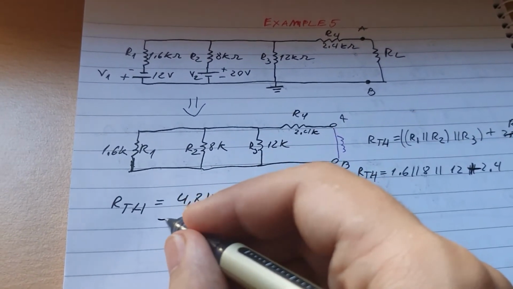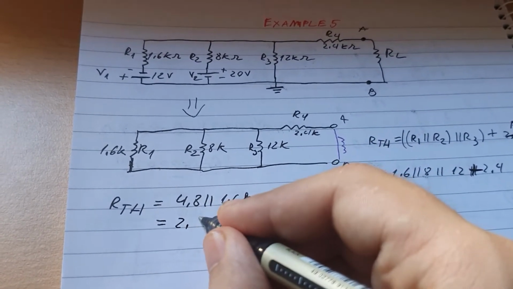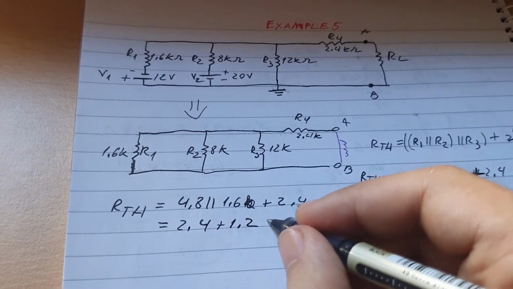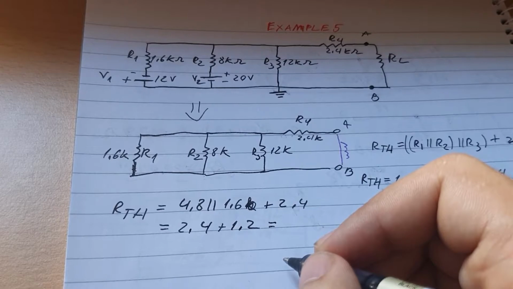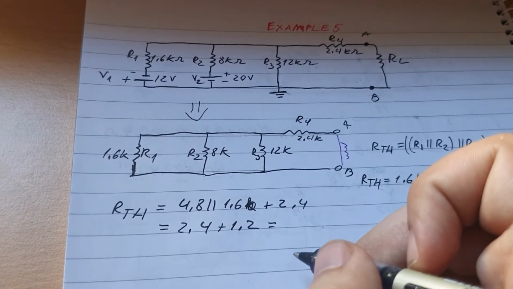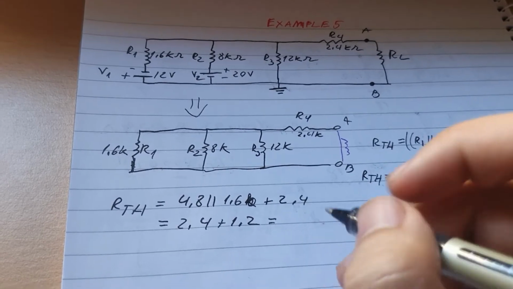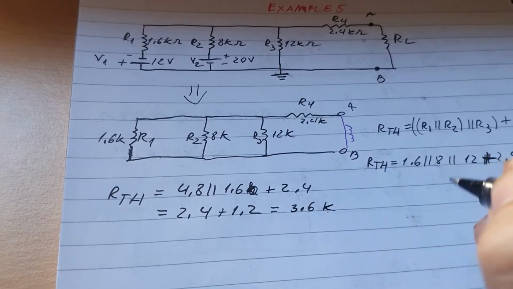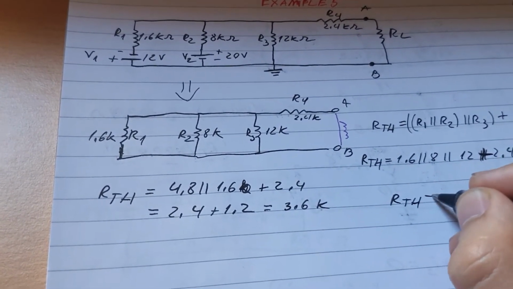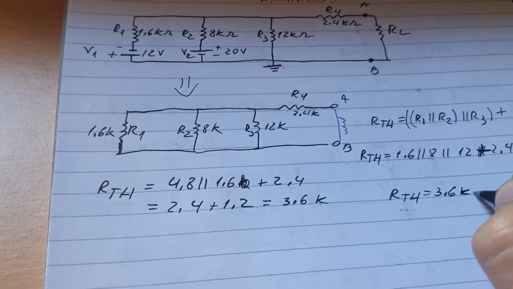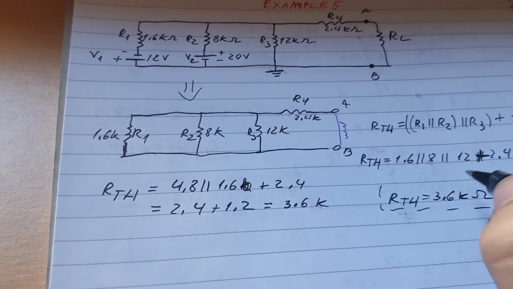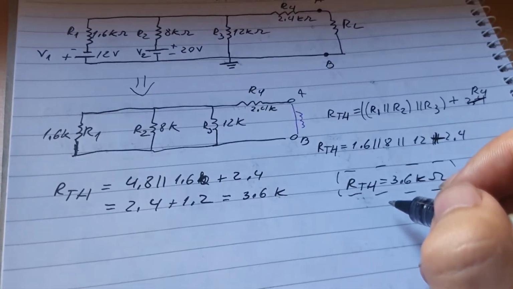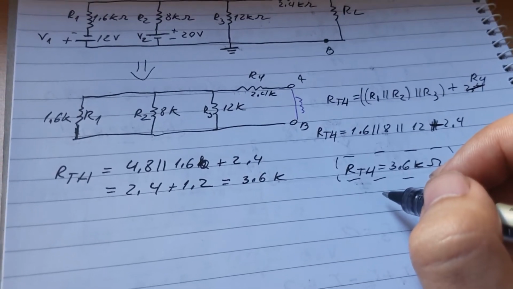Alright, and then that will be equal to 2.4 plus 1.2. It was this here. I was very confused about that. That gives 3.6k. So RTH will be equal to 3.6k ohms. Alright. If you don't believe me, this is the answer, then you can calculate it for yourself. You get the same answer, to be honest.